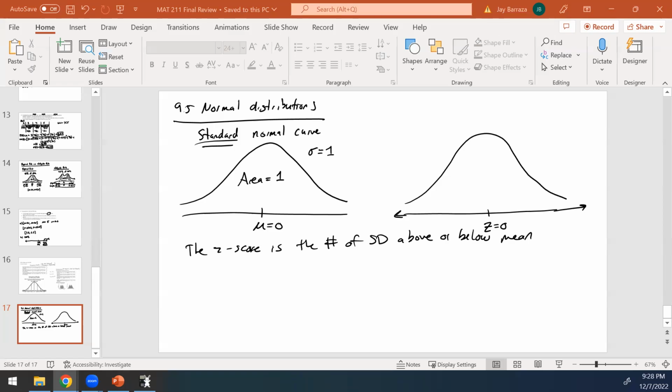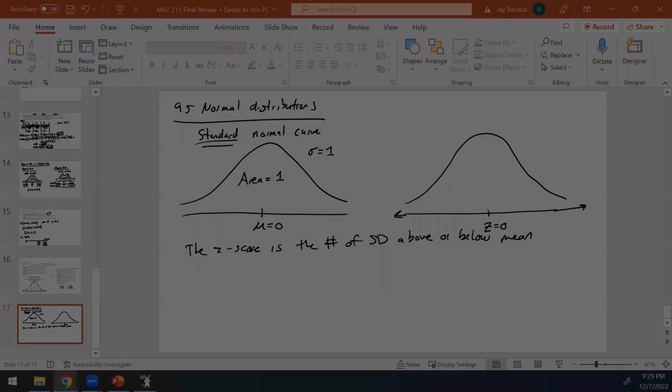So when we want to calculate the area between 2 points, we can either use z-score calculations, or we can just use the normal cumulative distribution function built into our calculator. I'm going to show you 2 problems. We're going to do number 32 first.